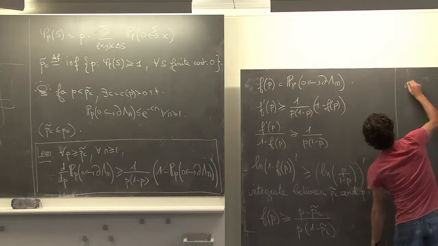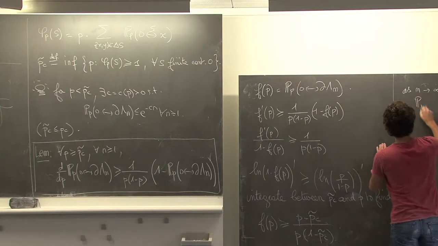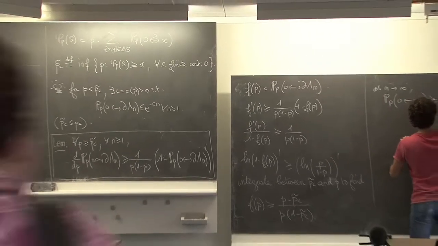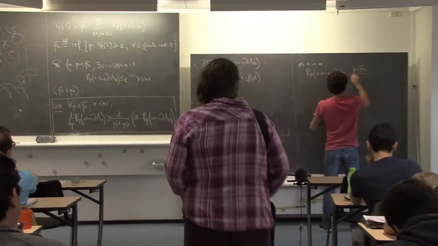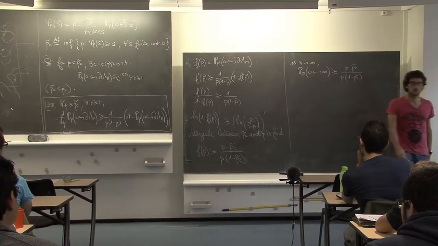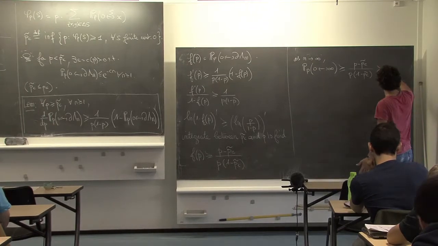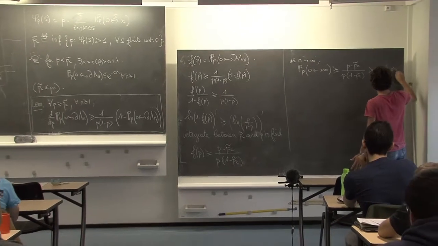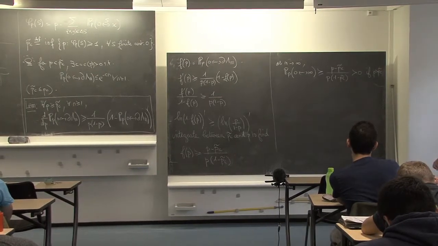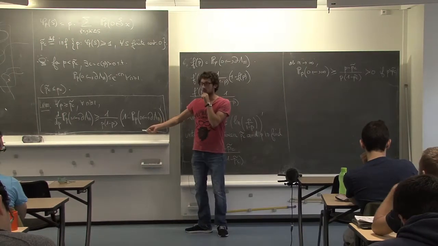As n tends to infinity, I get that the probability this time that 0 is connected to infinity is larger than p minus p_c tilde over p(1 minus p_c tilde). So in particular, this is also strictly positive if p is larger than p_c tilde. Okay? So if I'm able to prove this lemma, then I'm done.